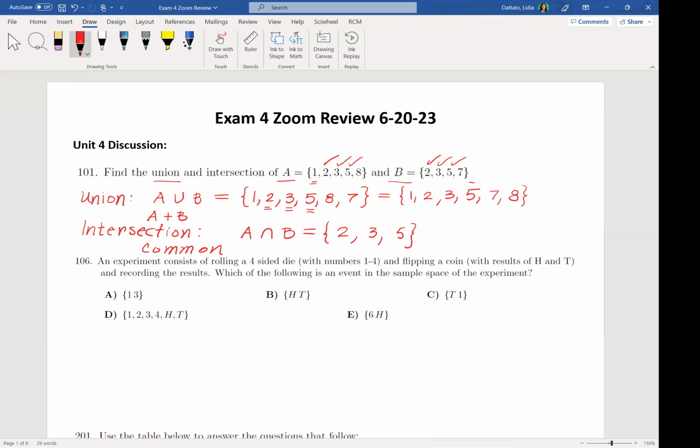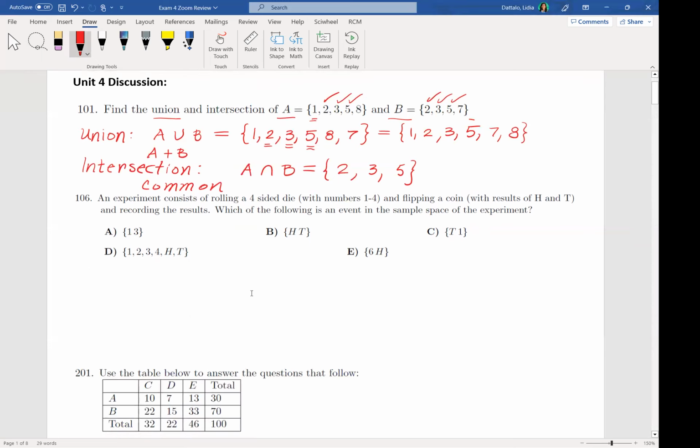Now let's look at 106. 106 says we're going to do an experiment consisting of rolling a 4-sided die and flipping a coin. A die with numbers 1 through 4, and a coin resulting either H for heads, T for tail.